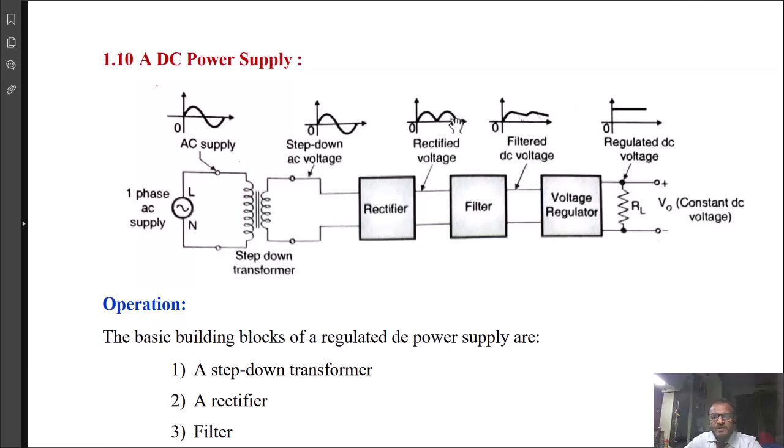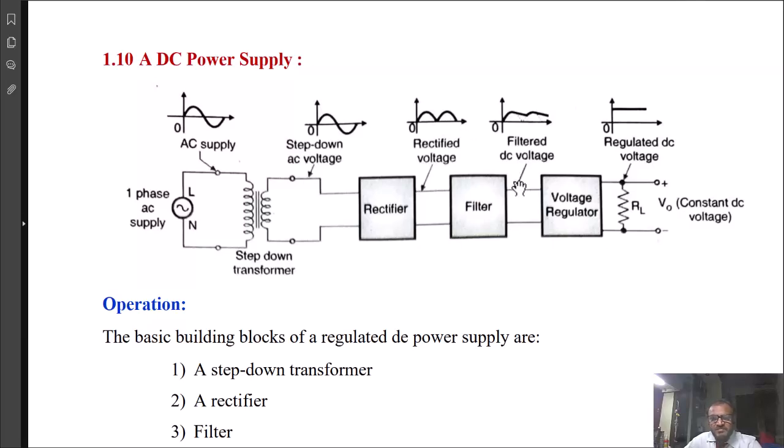It consists of AC plus DC component. The DC component is the component in which we are interested, but the AC component is unwanted. This AC component is also called ripple. This unwanted ripple needs to be eliminated further.